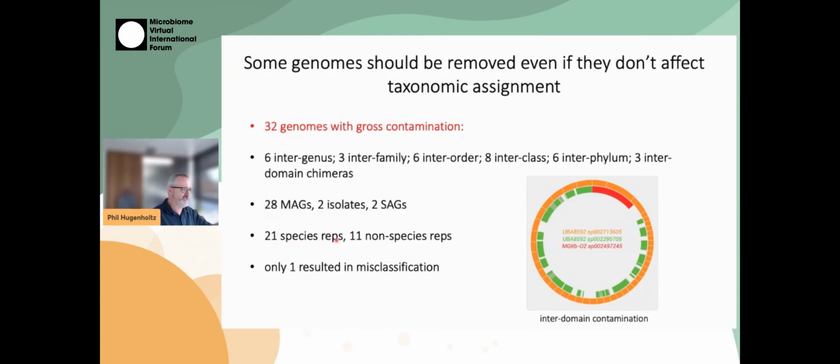Other genomes have been classified against them, and 11 of them were non-species reps. Interestingly, only one of them, which is the one I showed you before, resulted in an actual misclassification. The others actually behaved themselves despite the contamination, and that's because, on average, the contamination is usually not more than 0.3 of the genome, a sufficiently small amount that it doesn't distort the classification.